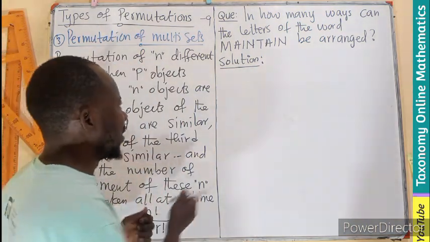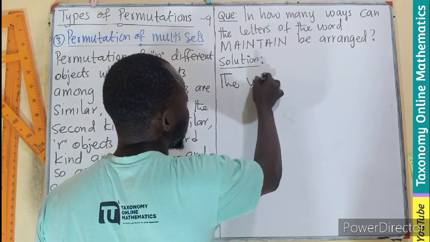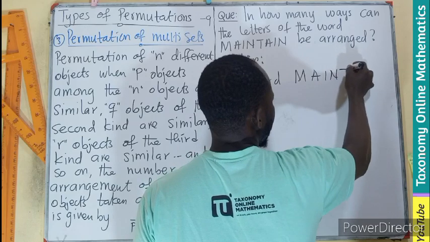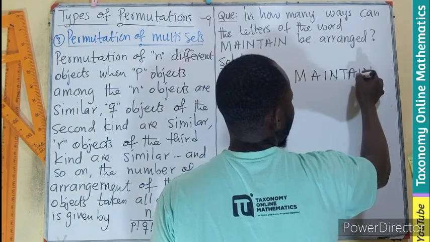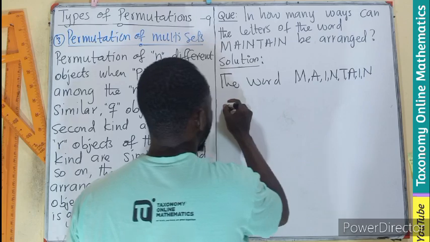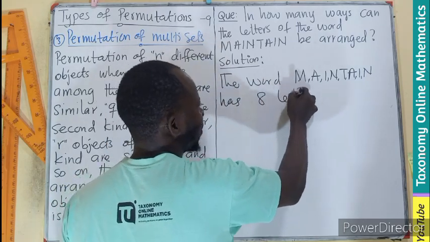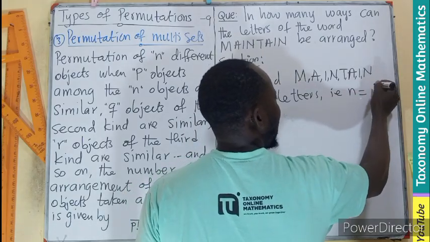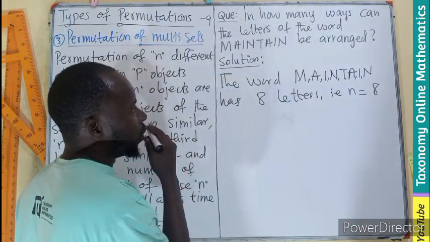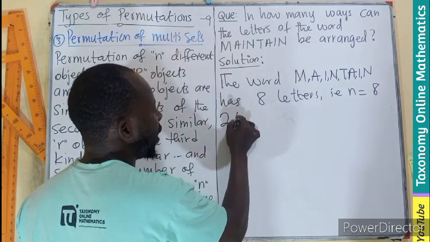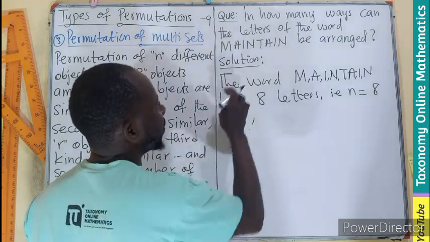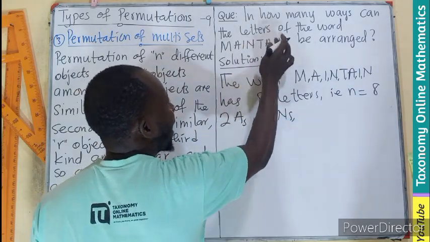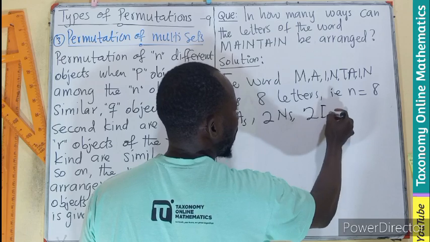So what do we do? We can say that the word "maintain" has 8 letters, so we can have our n equal to 8. It also has 2 A's, 2 n's, and 2 i's.